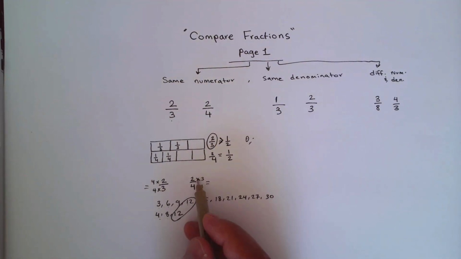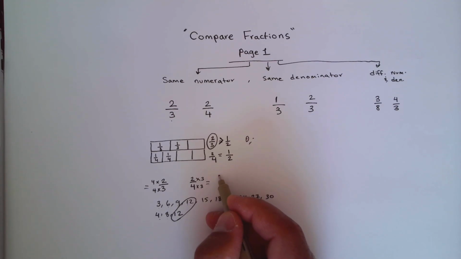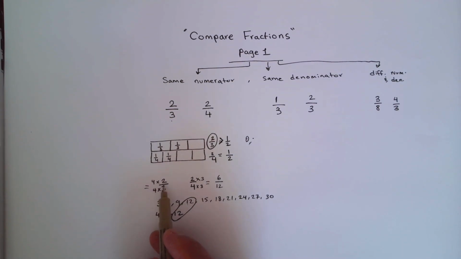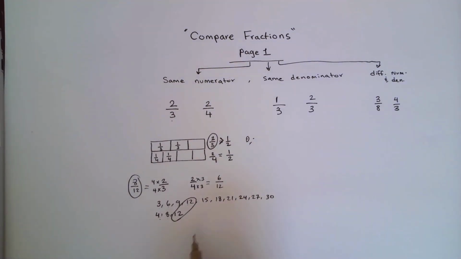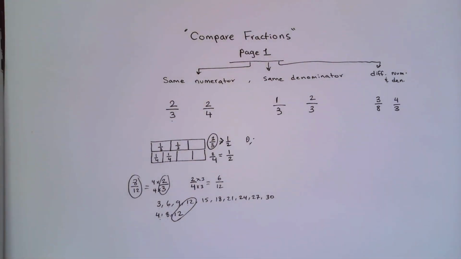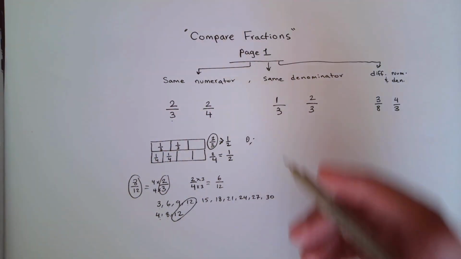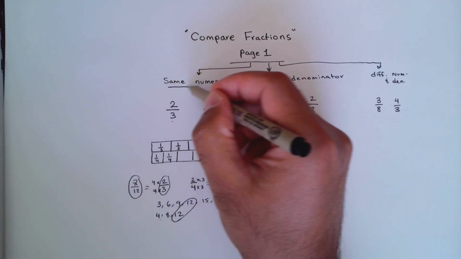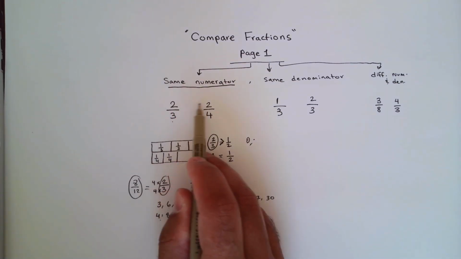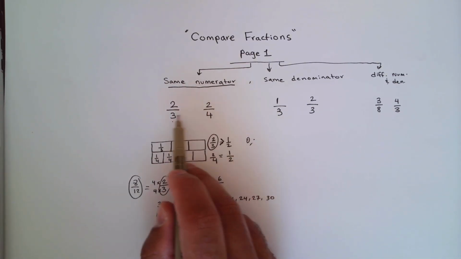So this 2/4 becomes 2 times 3 is 6 pieces of 12s, and this 2/3, when I multiply it by 4 over 4, that's 8 pieces of 12. 8 pieces is more than 6 pieces, so that also is another way to prove that 2/3 is bigger than 2/4. Okay? So one scenario is that you have the same numerator but different denominator. Same number of pieces available but different sizes.